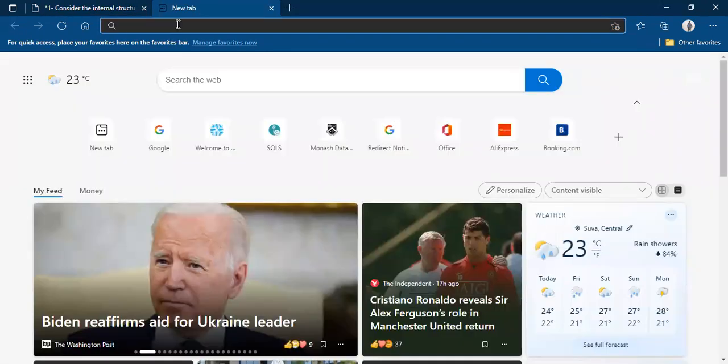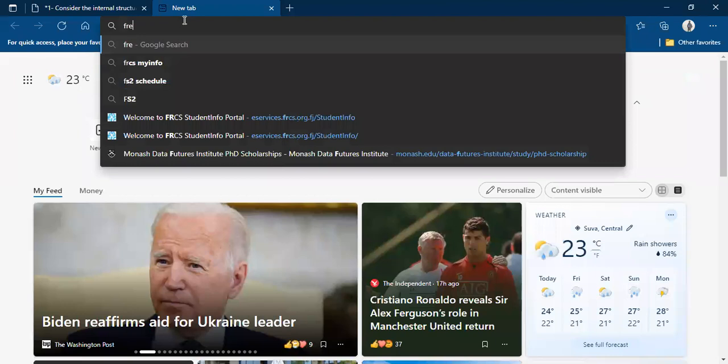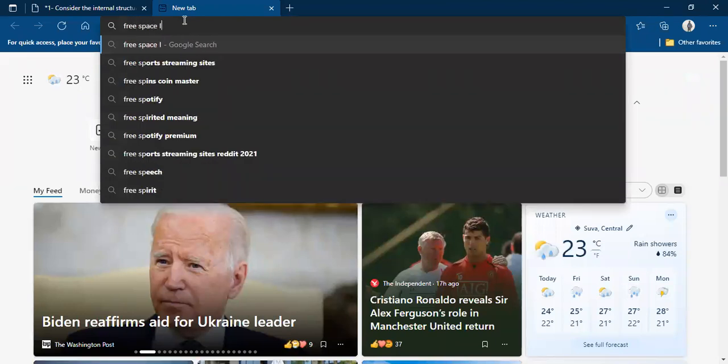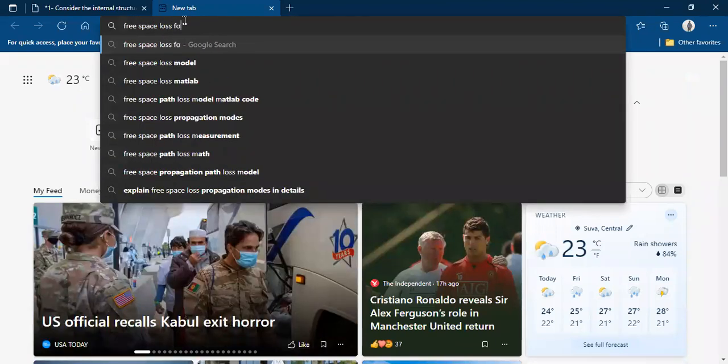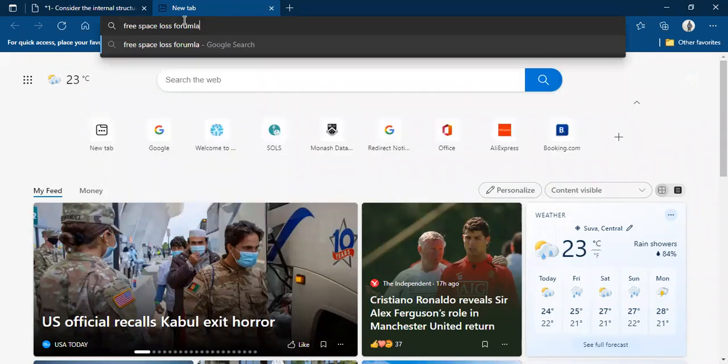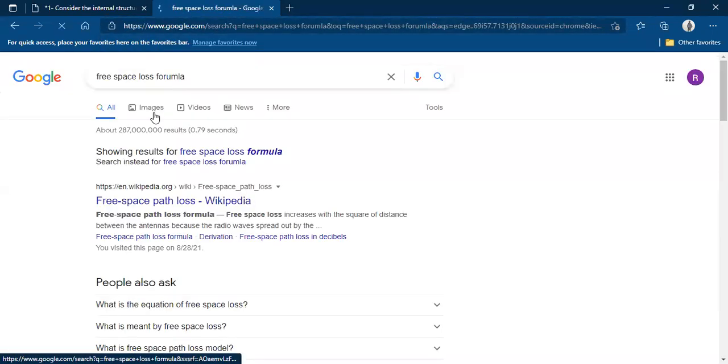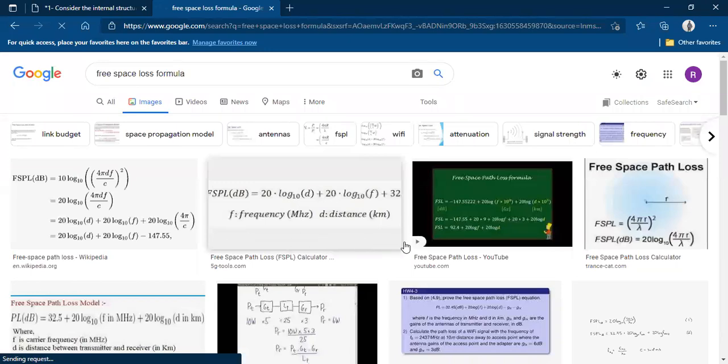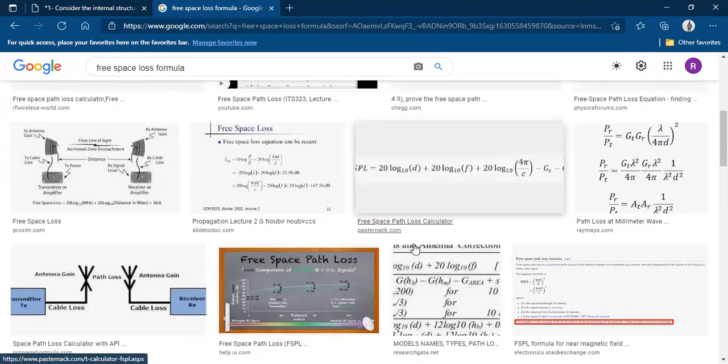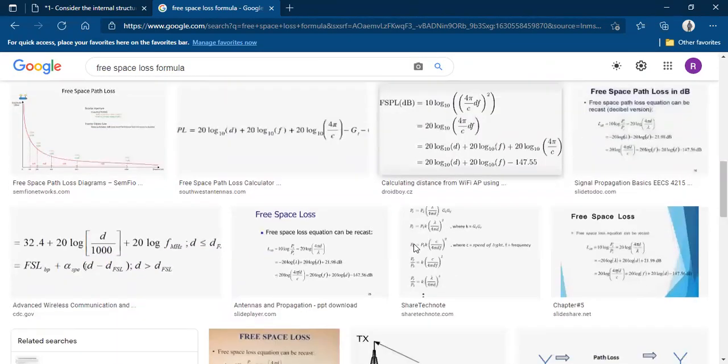So let me quickly show you that. Free space loss formula.